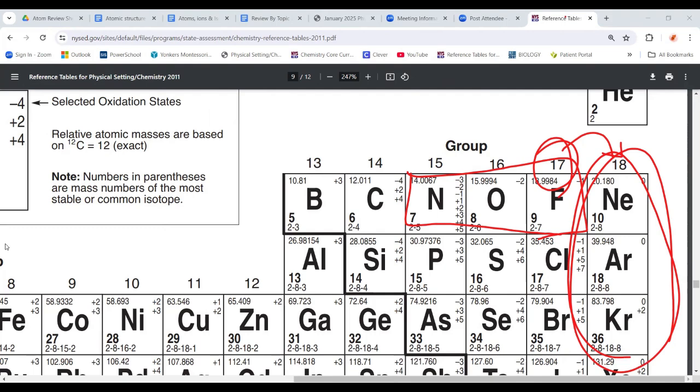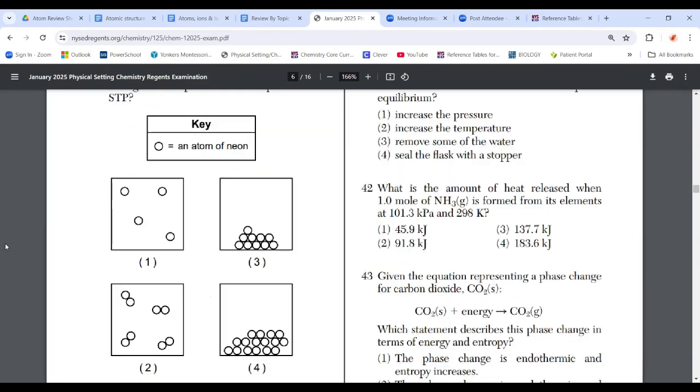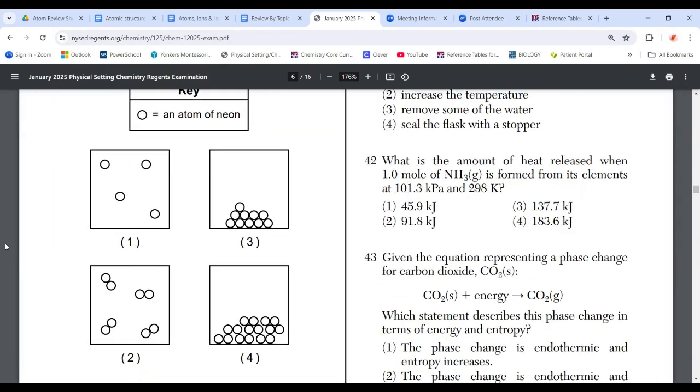They're very energetically stable, and that makes them inert, meaning they are non-reactive and do not make bonds with other atoms. So you have to remember this when you're looking at diagrams like this. Neon will not be a diatomic molecule. Neon atoms do not like to bond with other atoms. They will all be alone. So the answer is choice 1.